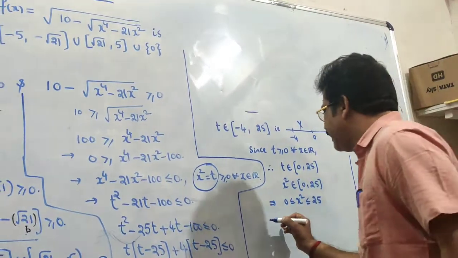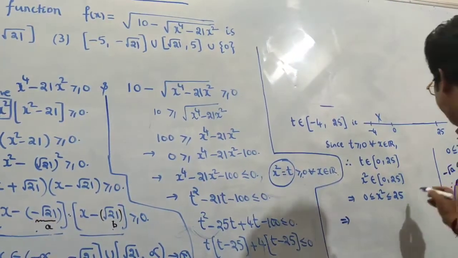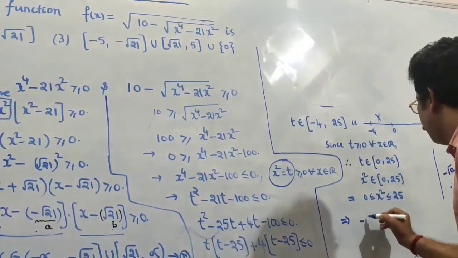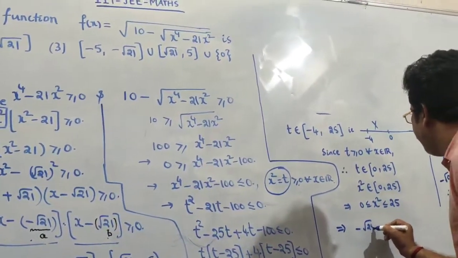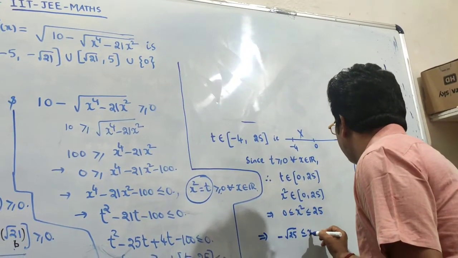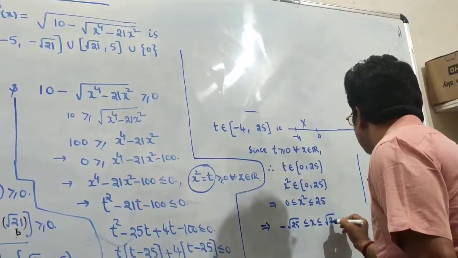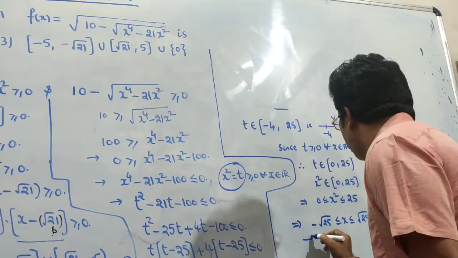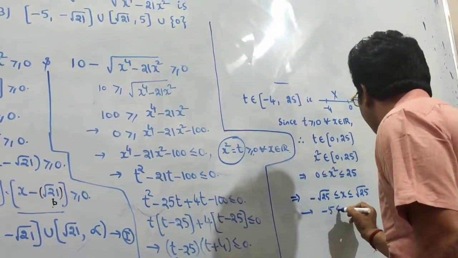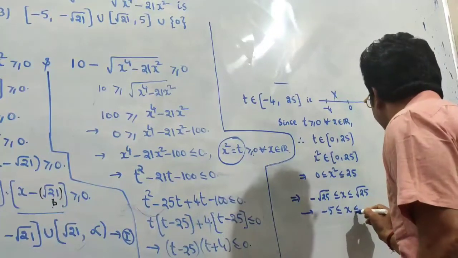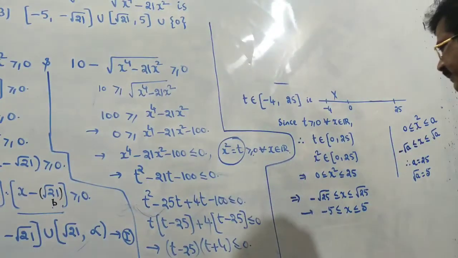So therefore it follows that minus root 25 less than or equal to x less than or equal to root 25. So that implies minus 5 less than or equal to x less than or equal to 5.